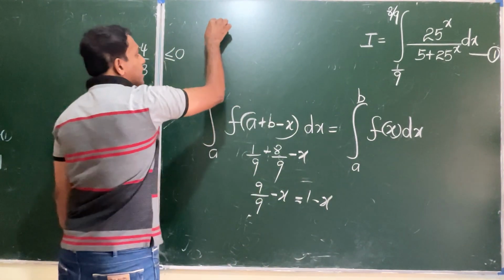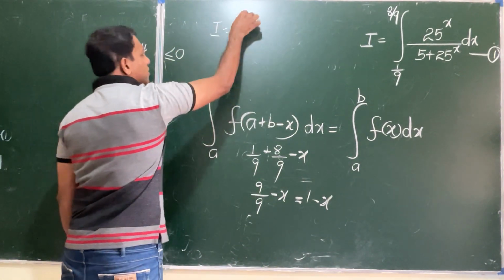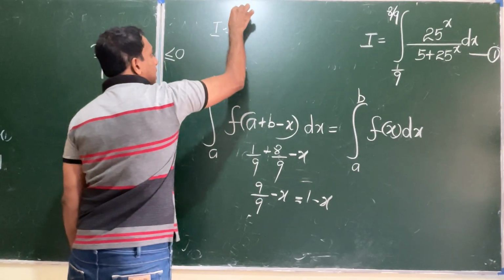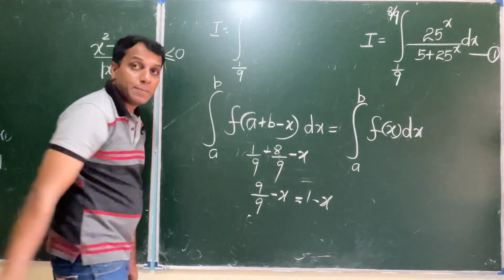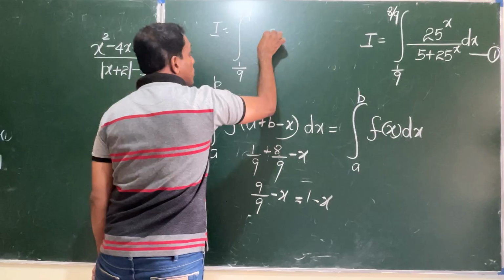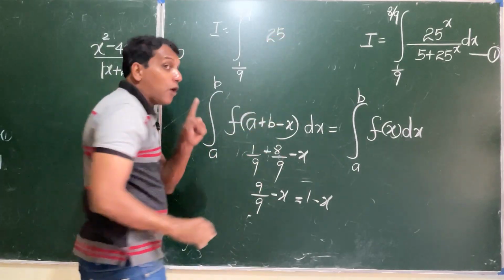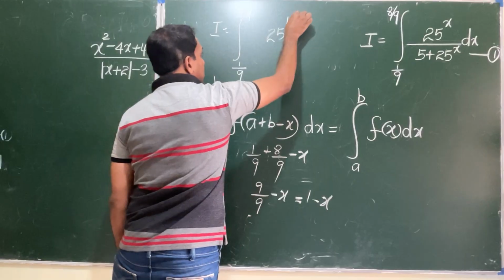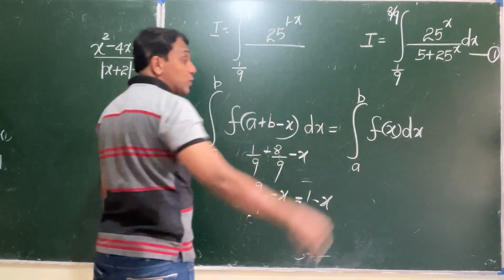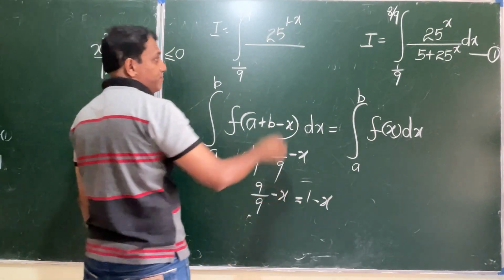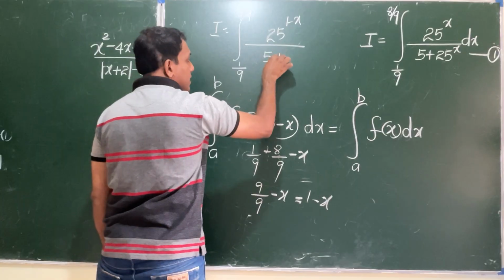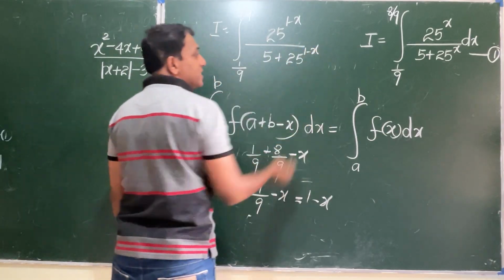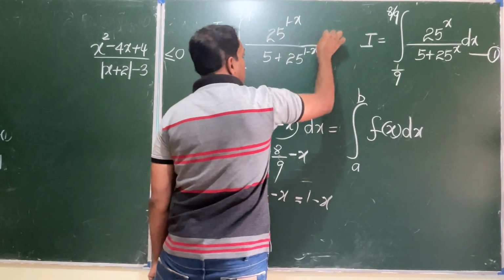So I rearrange I once again: integral, boundaries 1 over 9 to 8 over 9, and 25 to the power 1 minus x over 5 plus 25 power 1 minus x, into dx. Refer to your King's rule theory in the theory class.